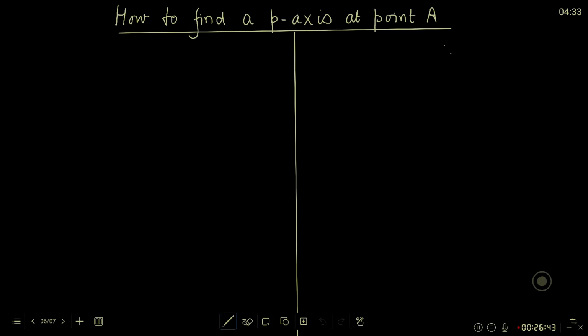There are two ways to find. The first one is what we call the eigenvalue analysis.